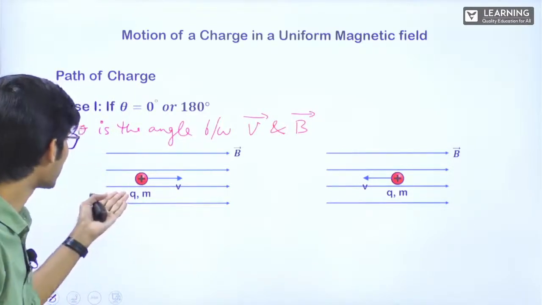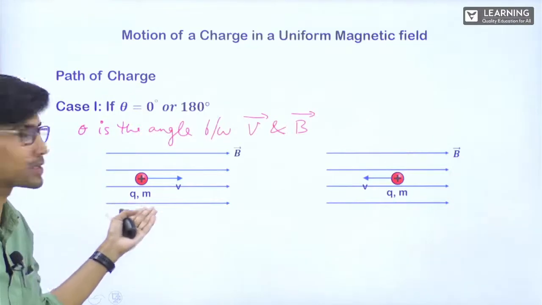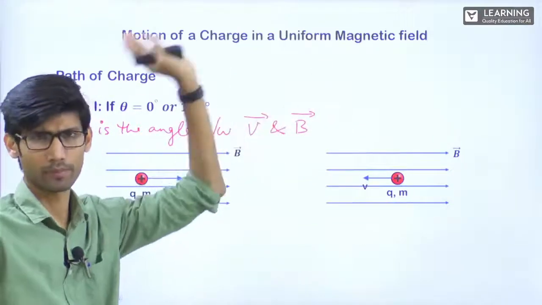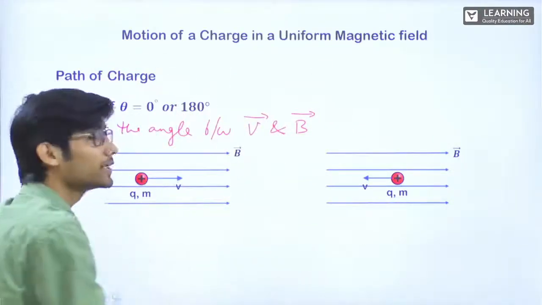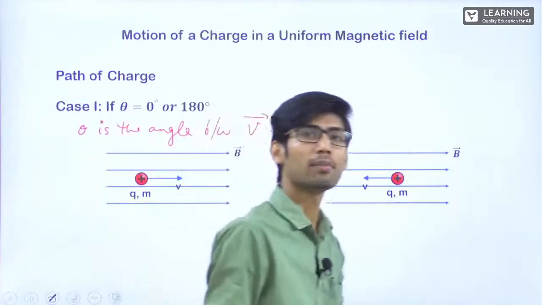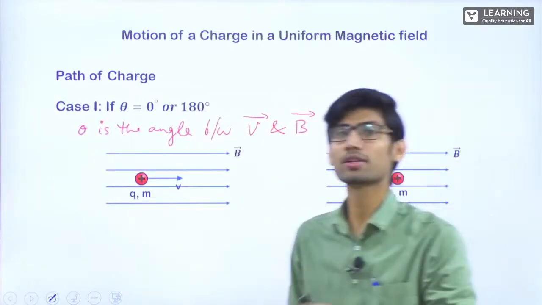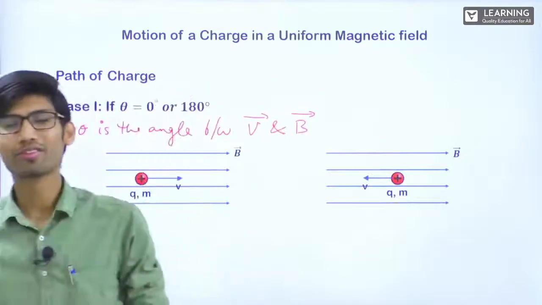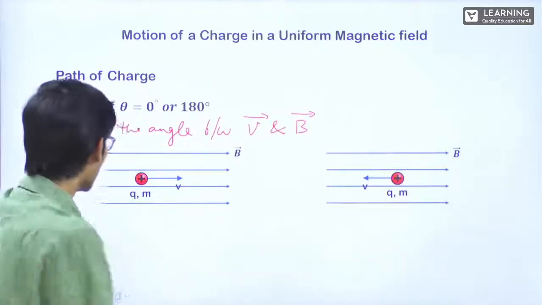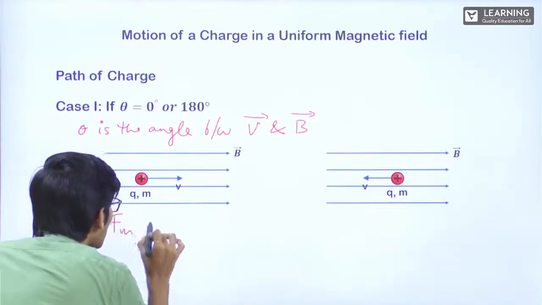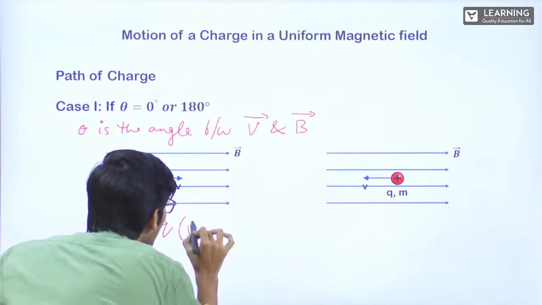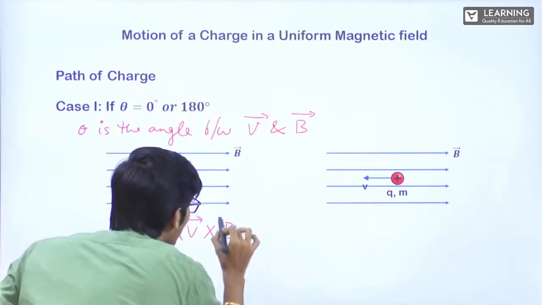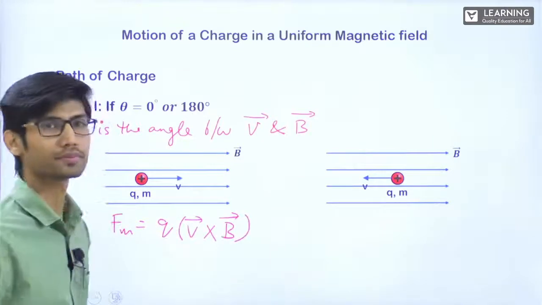Let's say it's a positive particle, plus q charge it is having, m mass it is having. There also plus q and m. What will be the magnetic force? We have studied that a magnetic force on any charge is equal to q v cross b, right? Magnetic force is equal to q v vector cross b vector, right?